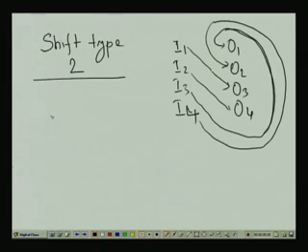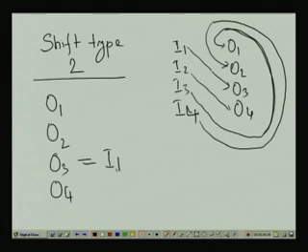So, this type of combination I will get: if I write O1, O2, O3, O4, then O3 is I1, O4 is I2, O1 should be I3 and O2 should be I4.